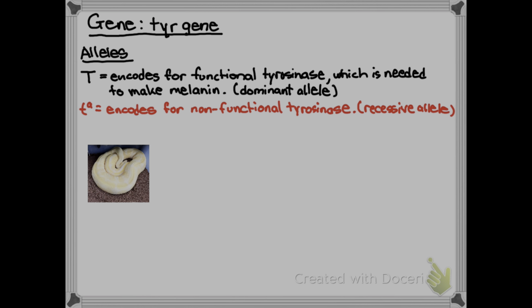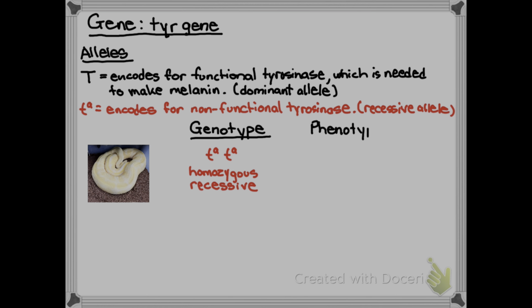We have Ahsoka, who has a homozygous recessive genotype. So little t, with the two superscript A's. And of course, her phenotype is albino. So she makes no melanin.